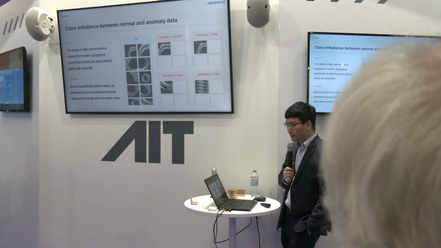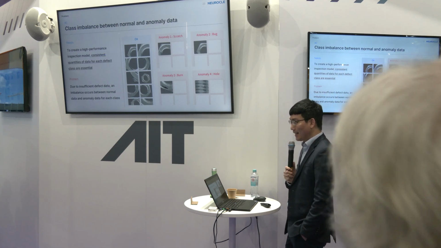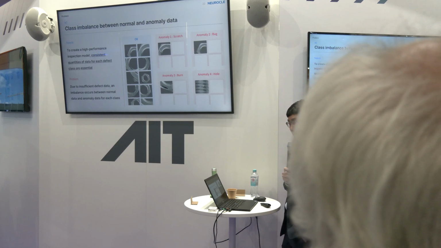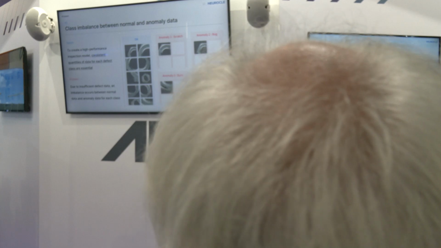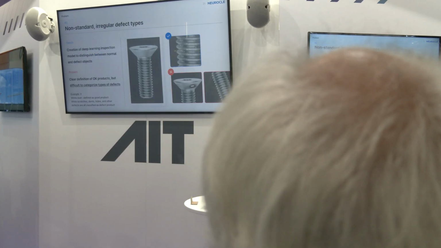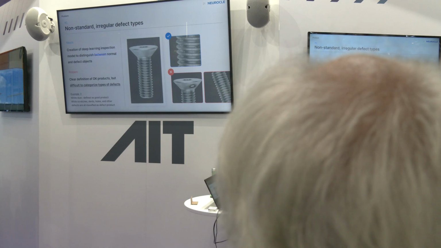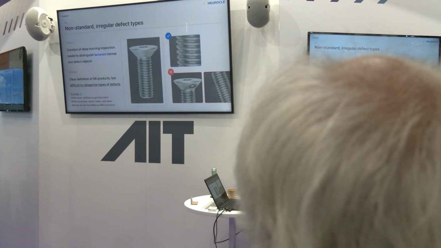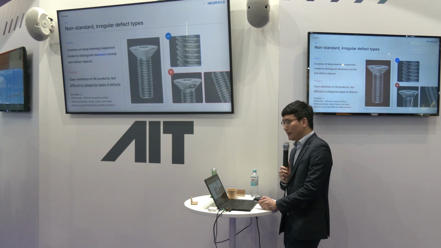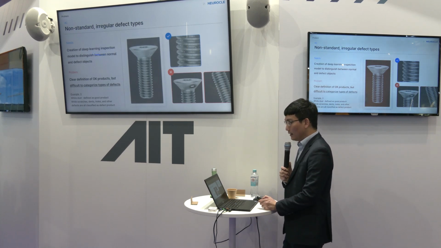If you train on this data, then there's a high possibility that the model can detect only defect 1 and defect 2, and it cannot detect defect 3 and defect 4 because of this class imbalance. In that case, we recommend using these anomaly models, because nowadays we have to detect irregular defect types. That means the number of defect types is getting larger and larger.